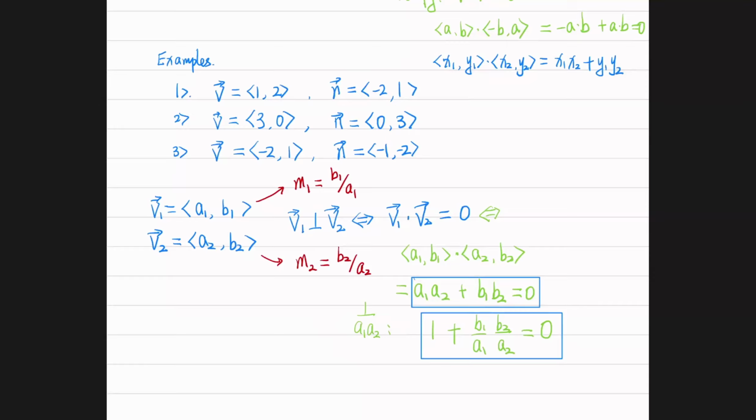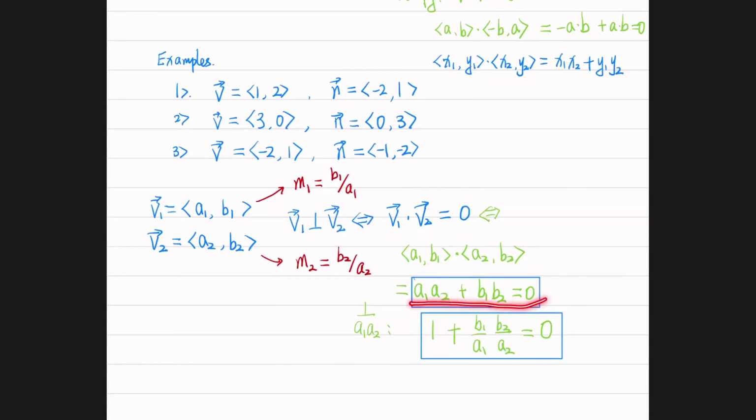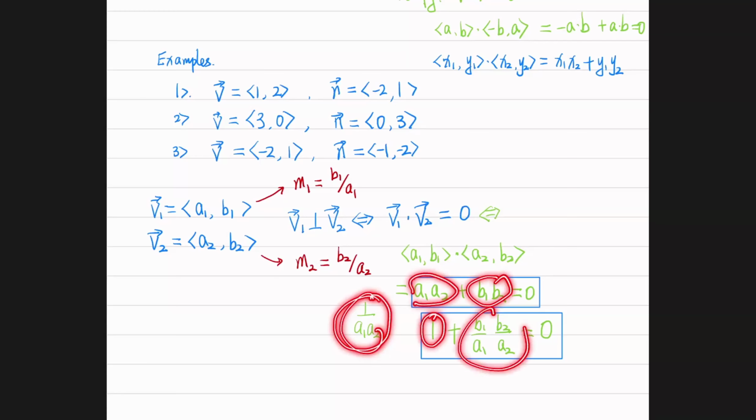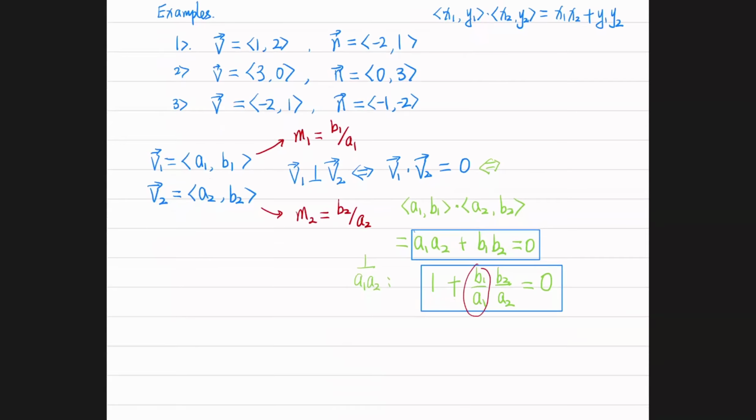Okay, so the dot product, they're perpendicular. The dot product is 0. We get this equation, then we multiply both by the reciprocal. First one becomes 1, second term becomes this. Now we recognize this is our M1. This is our M2.